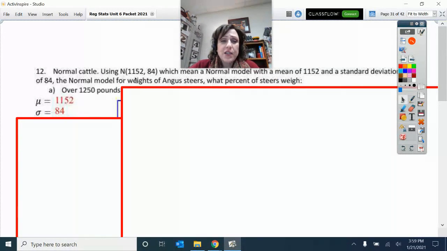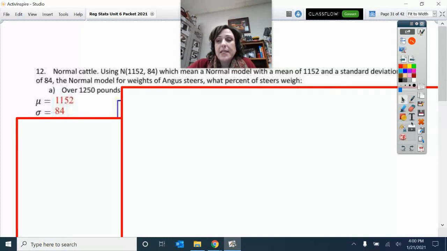We're using this notation now. Remember this notation, 1152, comma 84? That means I told you that it has a mean of 1152, which is what I wrote for my mean, and a standard deviation of 84. So find the percent of steers.